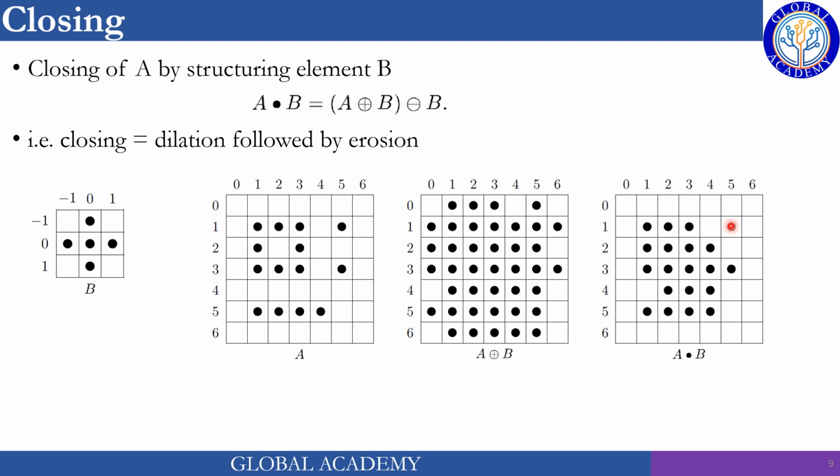Even this pixel got 8 connectivity, not 4 connectivity but 8 connectivity, and this pixel is connected through this line and these pixels are connected through this line. So it's filled up like this row, this column and this pixel.